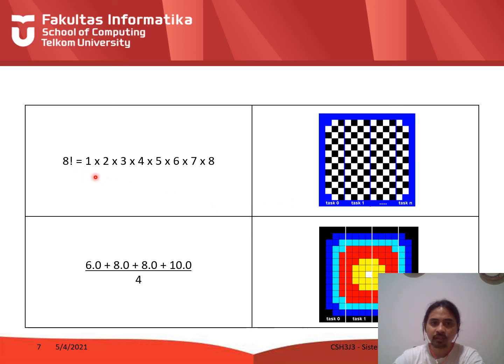And if you have a mathematical operation, for example here, 8 factorial and average calculation, if they have the same amount of numbers, usually they are divided into the same amount of calculation. So usually our processes are evenly loaded. So in simple examples, I don't think load balancing is a high concern.